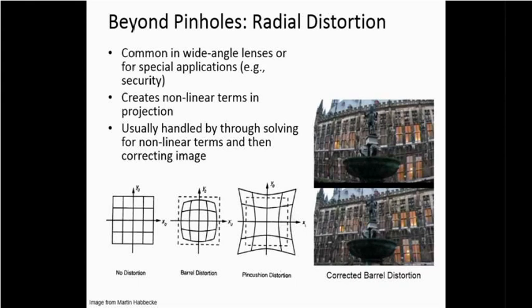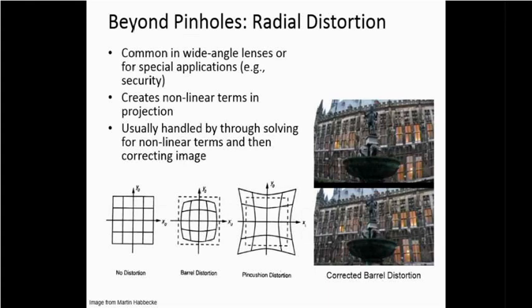But there are many cases when you do have some other kind of distortion, like when you have a fisheye lens, or you could even have a spherical lens, in which case you'd have a spherical camera, in which case you would have a different model altogether. But you can have pincushion distortion, which is where things get stretched out at the corners.